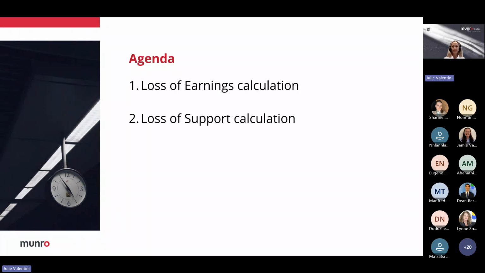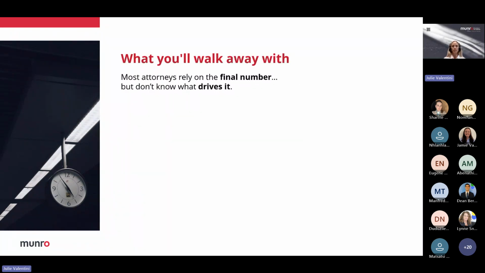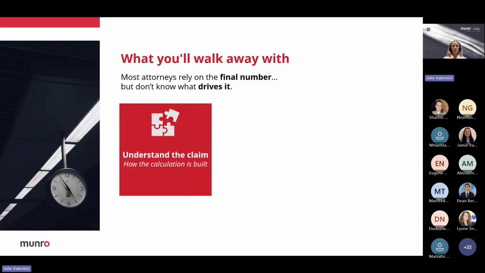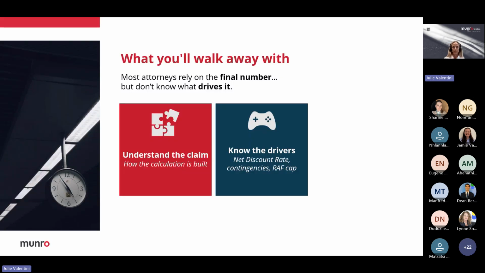Okay, so let's move on with the purpose of this whole webinar. What we are intending is that you will walk away with a better understanding of that all-important final number that is shown in our reports. So it's understanding the claim and how the calculation is built so that you can read and interrogate any actuarial report with confidence.